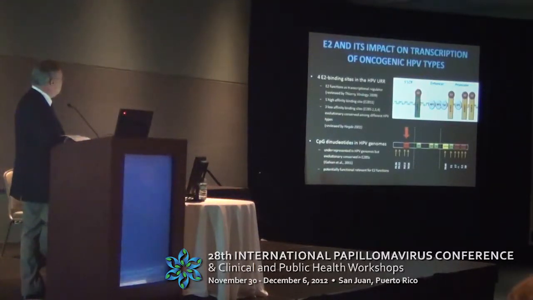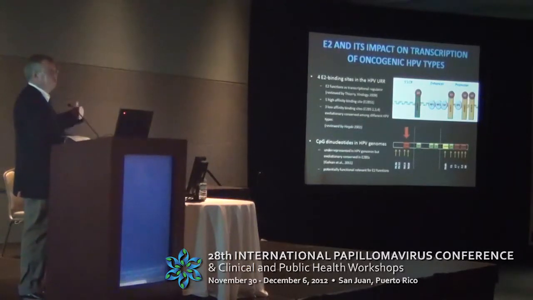And if E2 binds with a very high affinity to that particular site, it slightly activates the promoter element, allowing for a little bit of gene expression in the very early phases of an HPV infection. Now, this mechanism continues, so the virus starts to produce, under the influence of E2, a little bit of early genes.